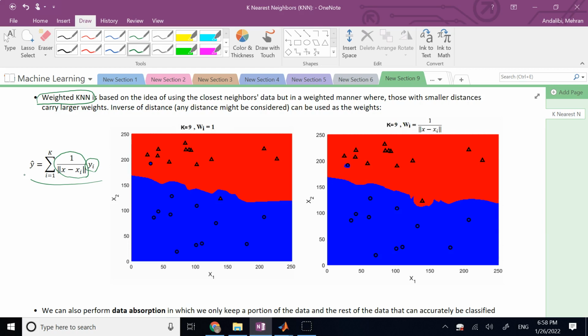Here you can see in these two pictures, on the left and right, we both have k of 9. On the left, every data point in the circle of the k-nearest neighbors, their vote counts equally, so their votes are all 1.